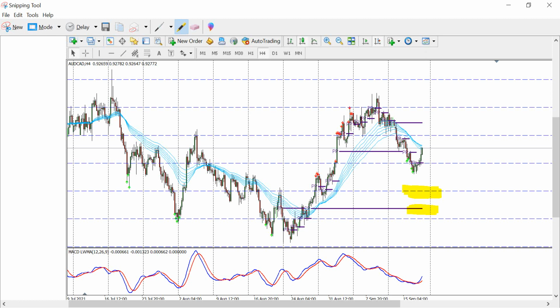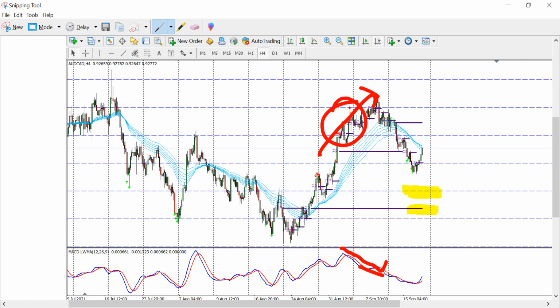Now, if I look at what's happened to price recently, we've had some overbought scenarios over here. Price has been making its way up, and as you can see here, we've got regular bullish divergence. This is where price is making higher highs and the MACD is making lower highs.